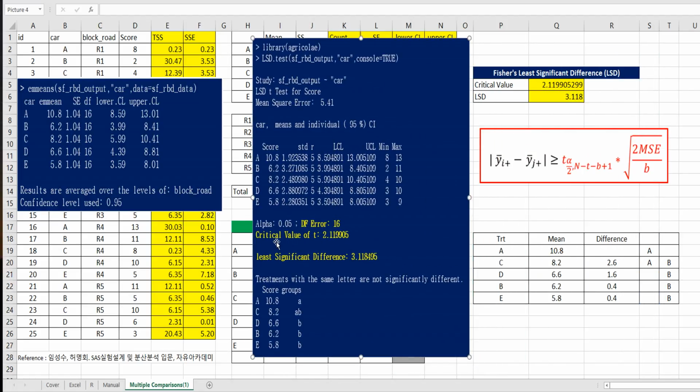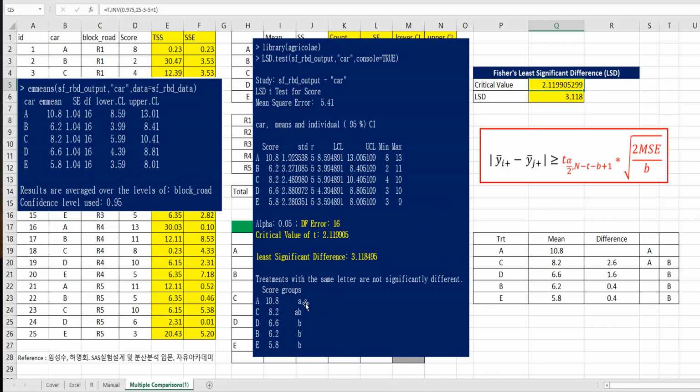It says that the critical value of t is 2.11, which I showed you how to calculate. And LSD is 3.118, so here 3.118. And the R output expresses the difference this way.